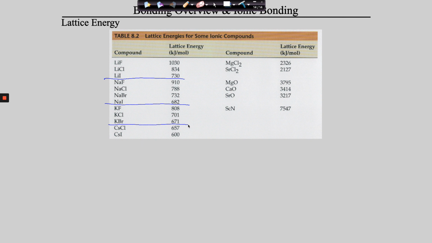Okay, so guys, looking at these groups, you'll notice that in each one of the groups we have a control. We understand, guys, that if we're trying to establish relationships between different things, we need to have controls. So in the first group, lithium is the control, then sodium, then potassium, then cesium.